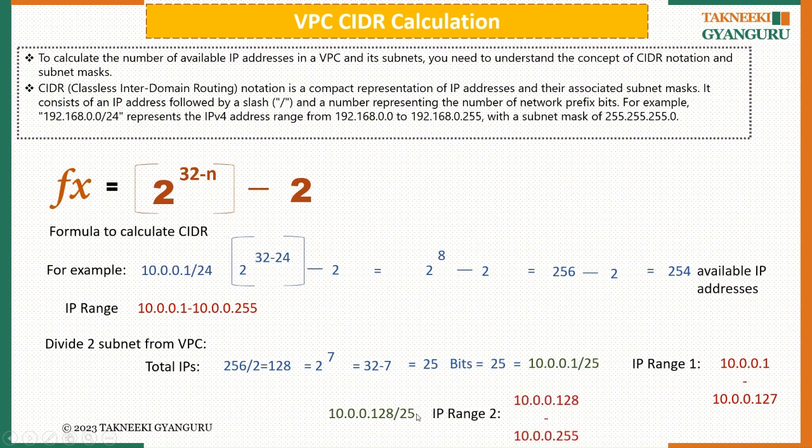So it will be 10.0.0.128 to 10.0.0.255. This way we can calculate our CIDR block, the VPC and subnets.